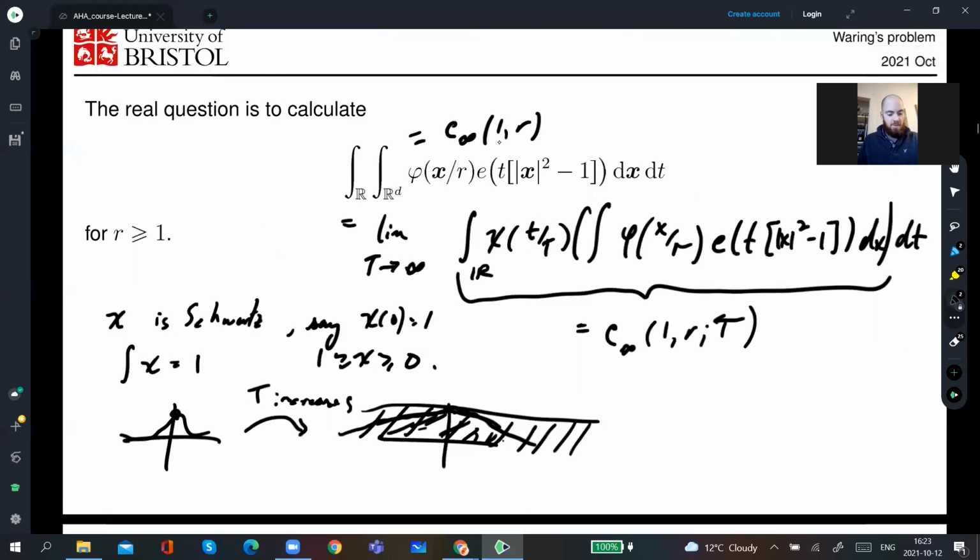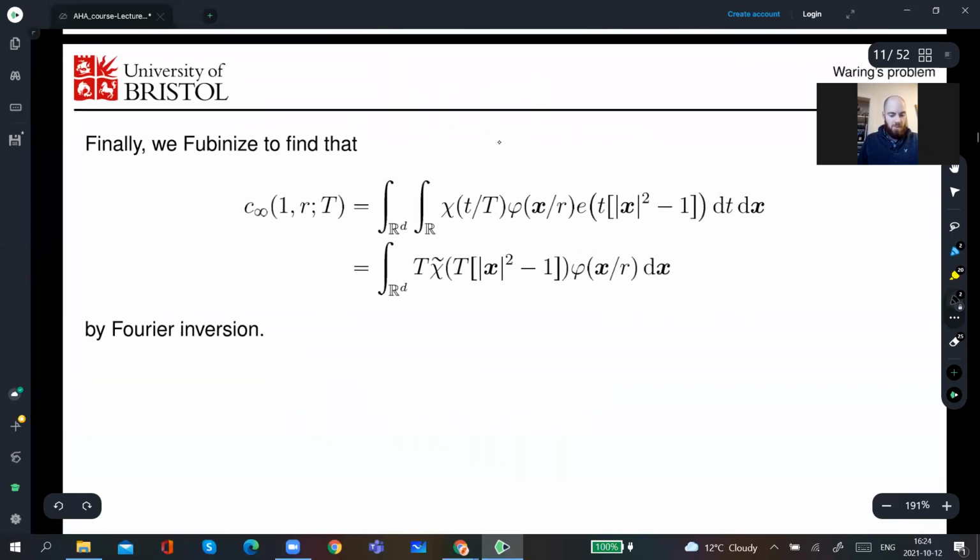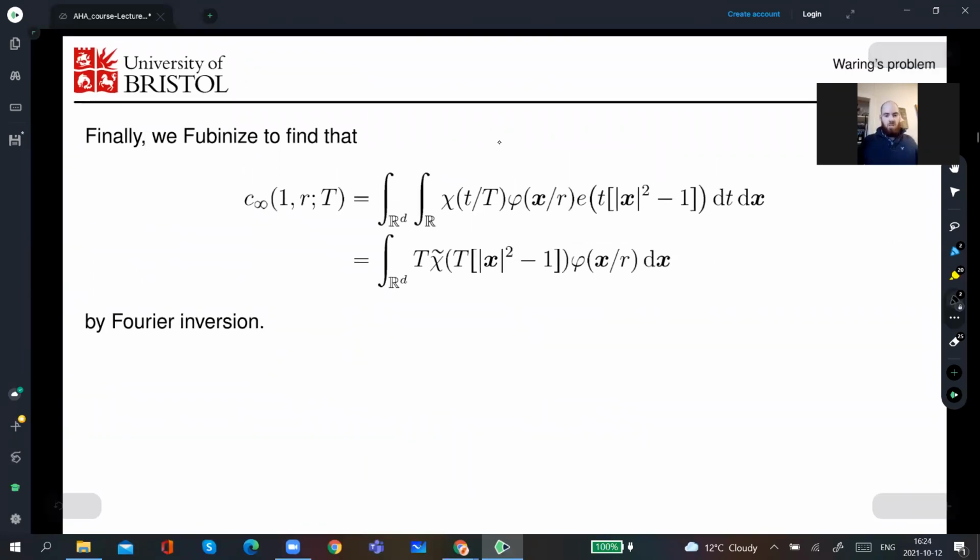Well, I have absolute convergence in terms of x and t. So apply Fubini's theorem, switch the order of x and t in integration, and apply Fourier inversion in the t variable. When I do that, you get the following identity. So C infinity of 1r and t actually looks like this.